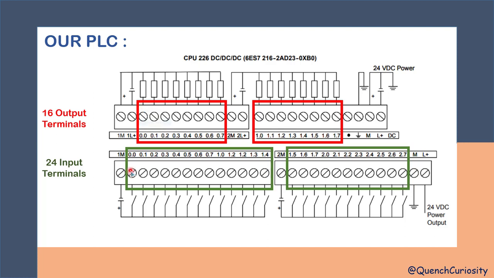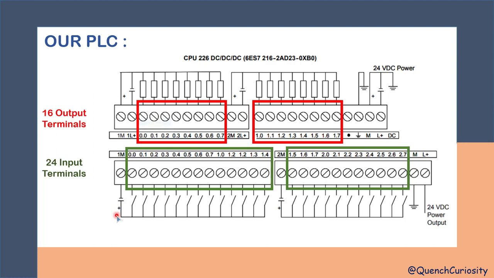Now again, to understand the concepts of wiring a PLC, it is better that we get a clear idea about sinking and sourcing. That is why here I won't be able to give you a clear picture of how this wiring is done. To give you a brief idea about wiring a PLC and to make you understand the sinking and sourcing concepts, there will be a separate class in which we will physically see how to wire a PLC.